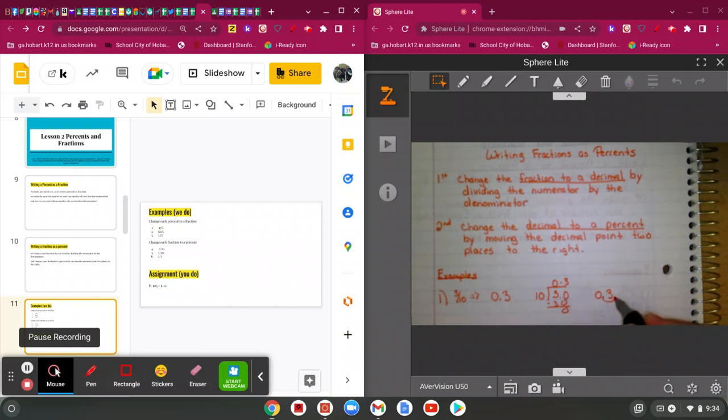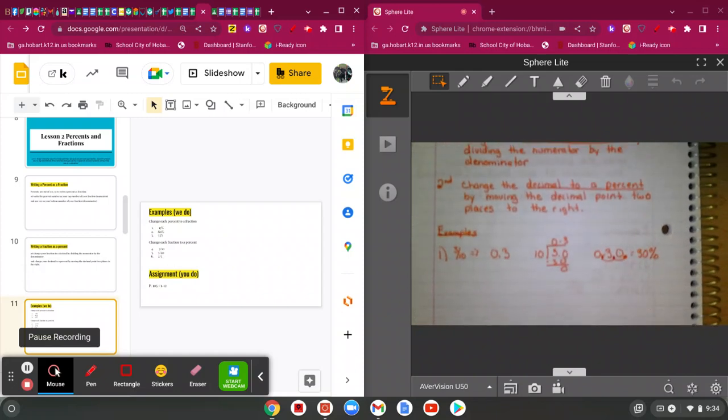No, you move it 2 places to the right. Okay, so then just like before, we have to fill the space with a 0. So 3/10 as a percent would be 30%.